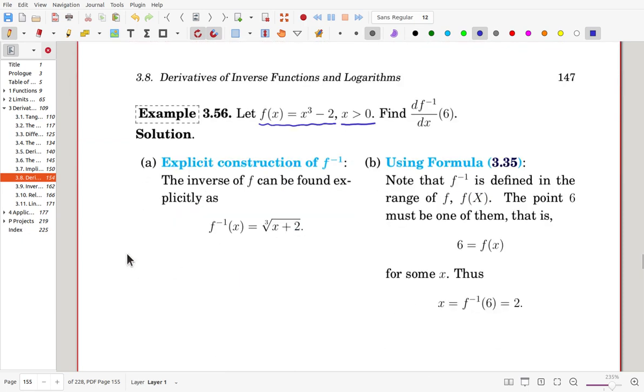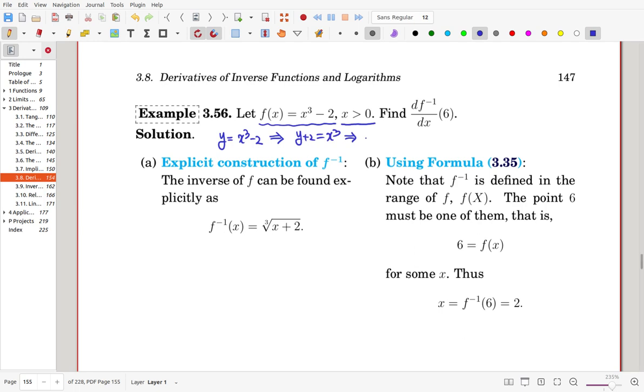Okay, here, we can construct f inverse explicitly in this way. We already know that f of x is given, then we start with y equals f of x, that is x cubed minus 2, and we solve it for x, so it's y plus 2 equals x cubed.